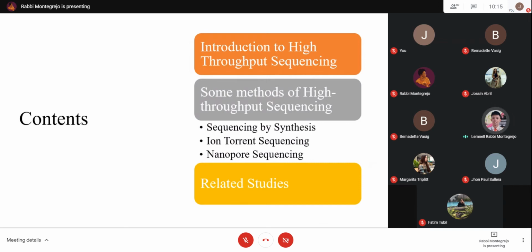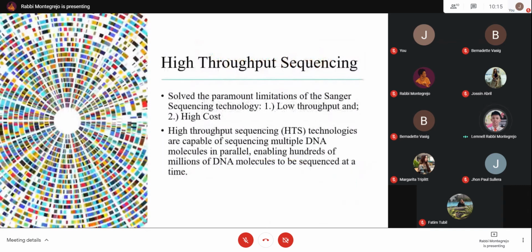And this will eventually be followed by the applications of these methods in very recent studies.